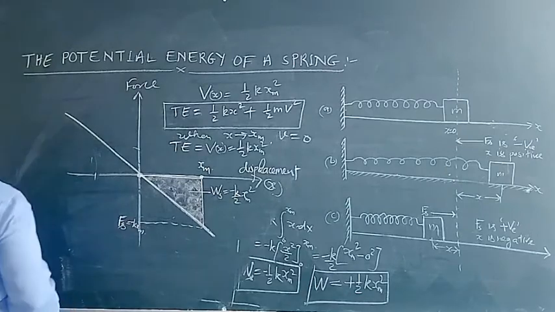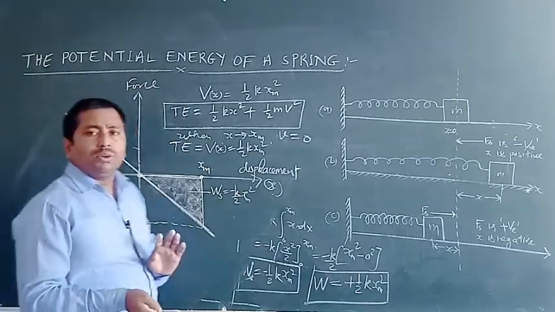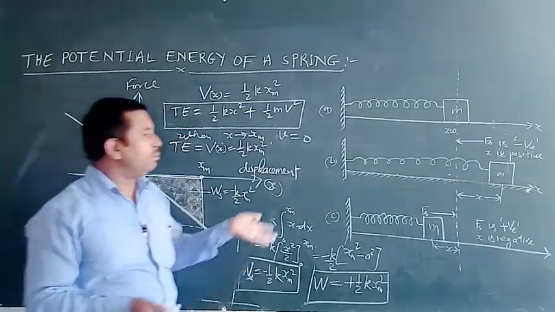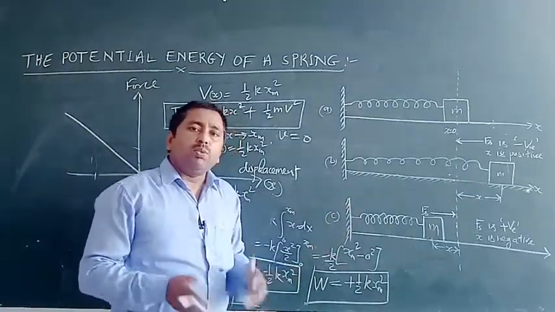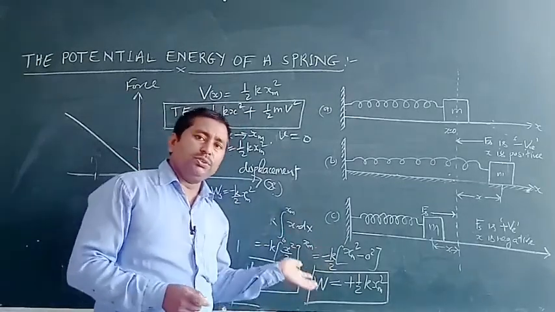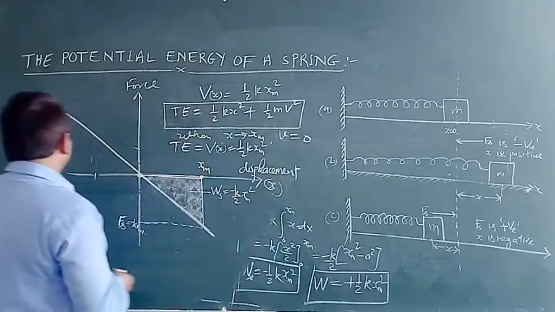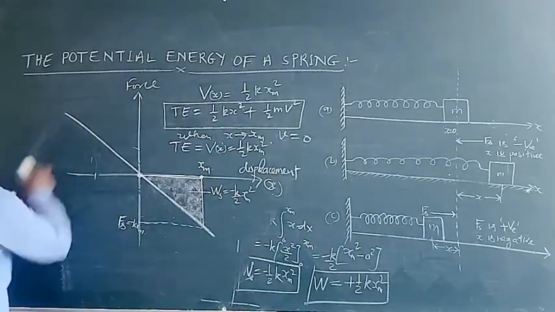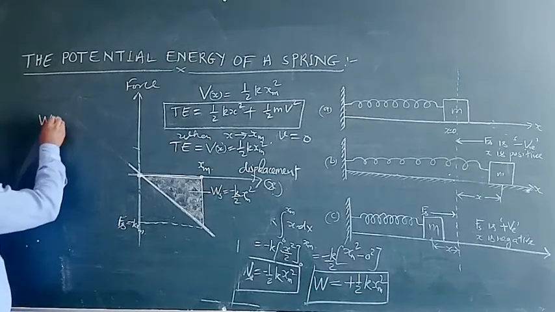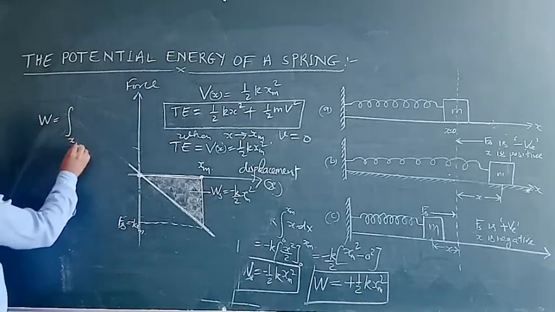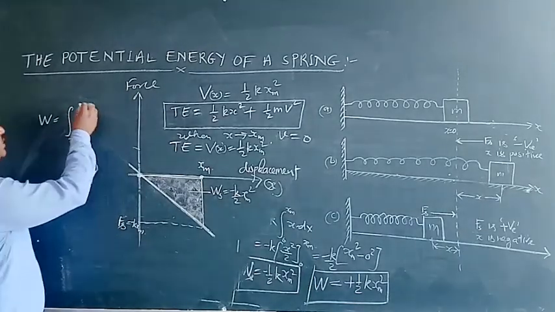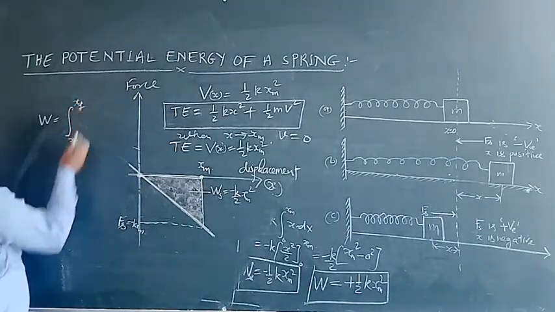If we compare these two equations, we get a particular equation for the velocity. Now you can also derive an expression for the work done when the object displaces from one point to another. Suppose the object is initially placed at point xi and finally reaches point xf.